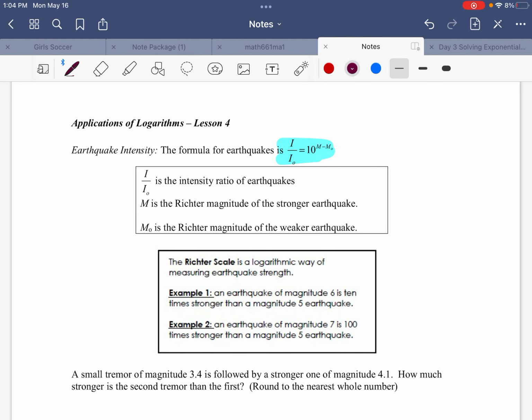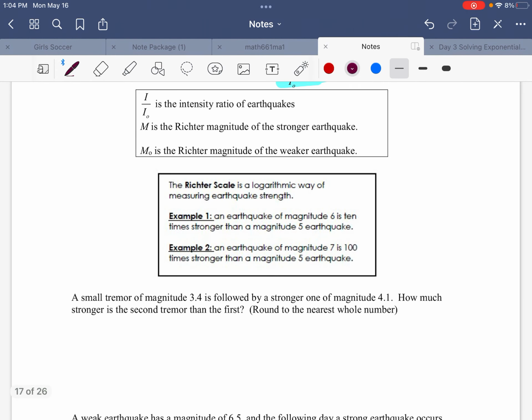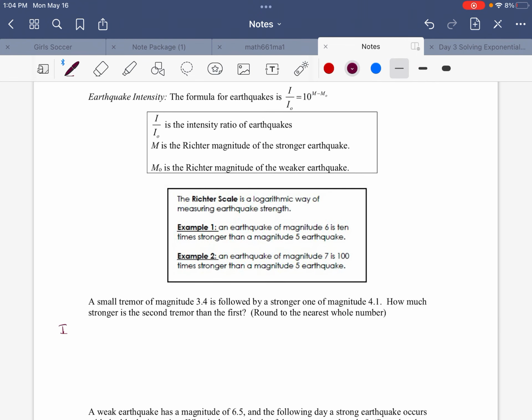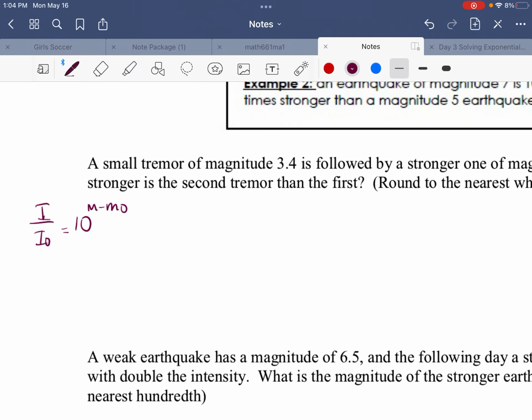All right, so the Richter scale talks about things exponentially, and we're going to use this formula at the top there. So starting off, I over I0 is equal to 10 to the exponent M minus M0.